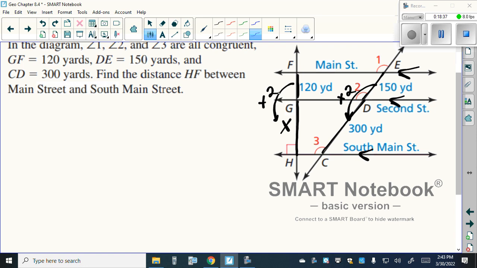Now, if we worked it out the other way, 2 fractions, here we're going to have x over 120. And on the other side, we're going to have 300 over 150, yes? Now, what would we do next? Multiply both sides by 120.